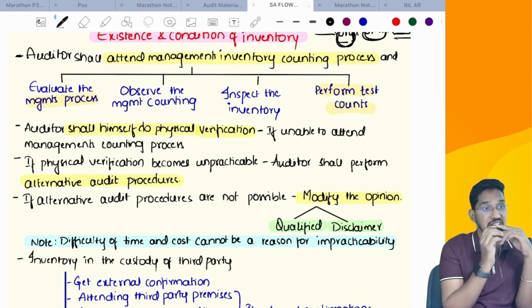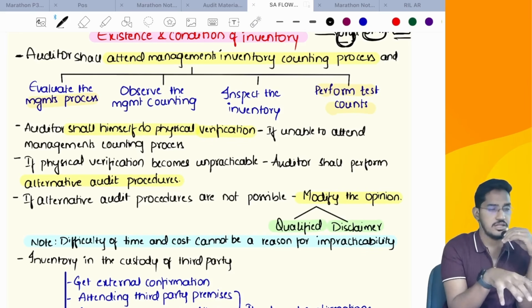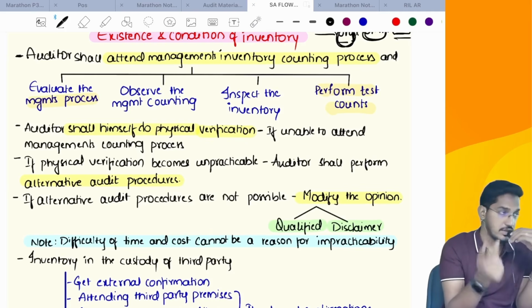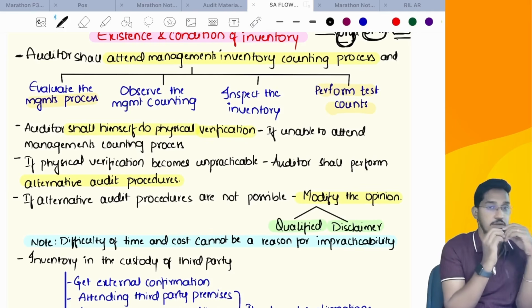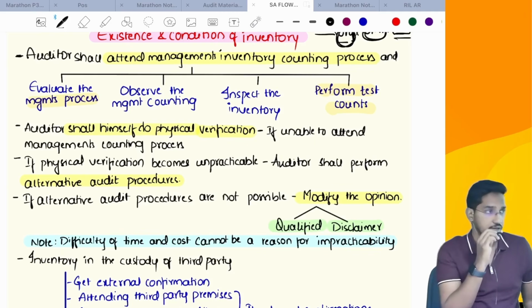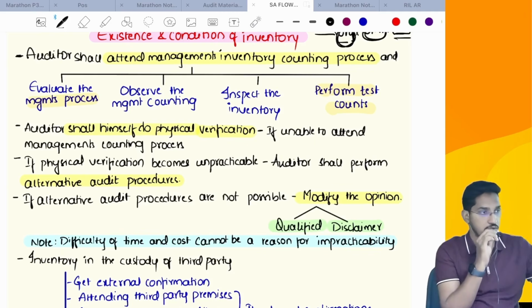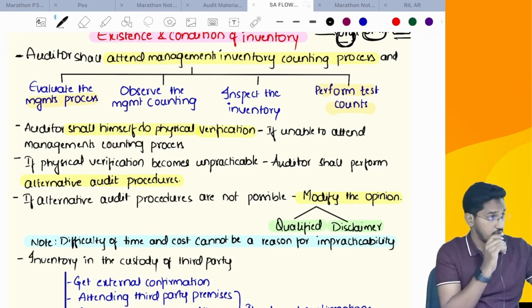You will try to obtain external confirmation. Generally, external confirmations are reliable. This circumstance arises in the case of job work, goods sent on consignment, and goods sent on sale or approval basis. In those cases, we also need to obtain audit evidence, but the first thing we do is external confirmation. Generally, external confirmations are reliable, but in some cases, they are not reliable.